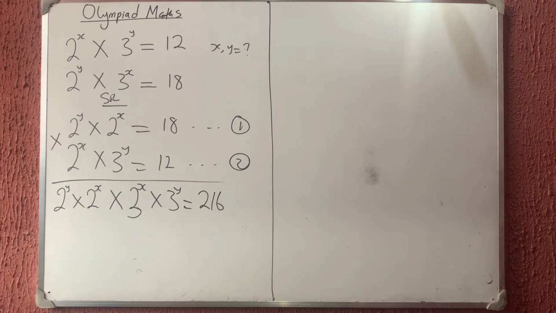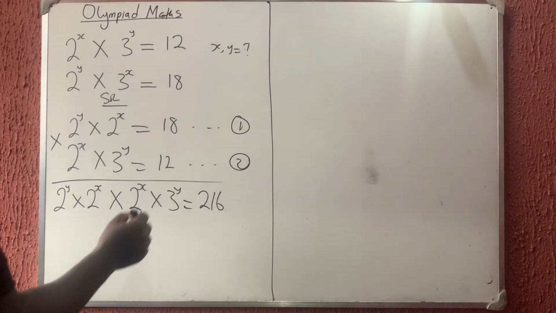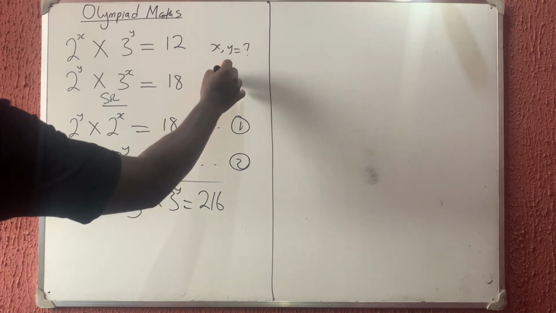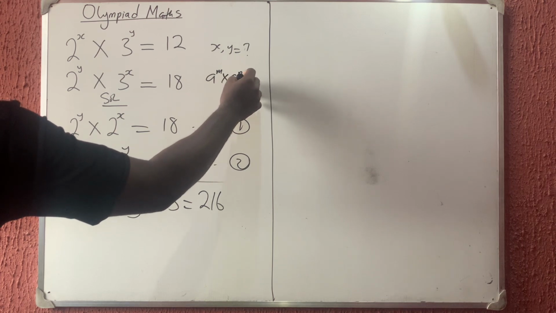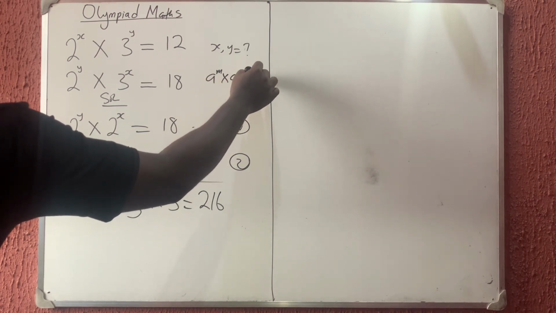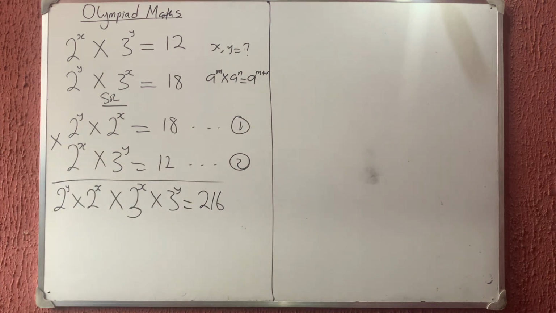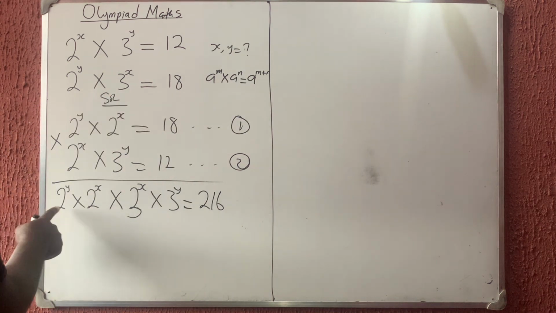216. Now, if you remember, according to indices, if you have a raised to power m times a raised to power n, if the bases are the same, we can just add the powers, m plus n. Do you still remember this? So let us apply it here.